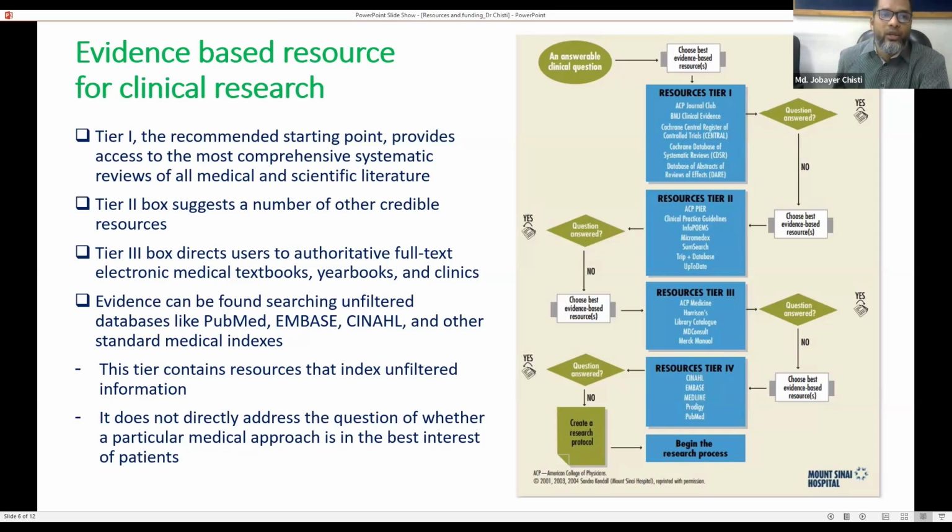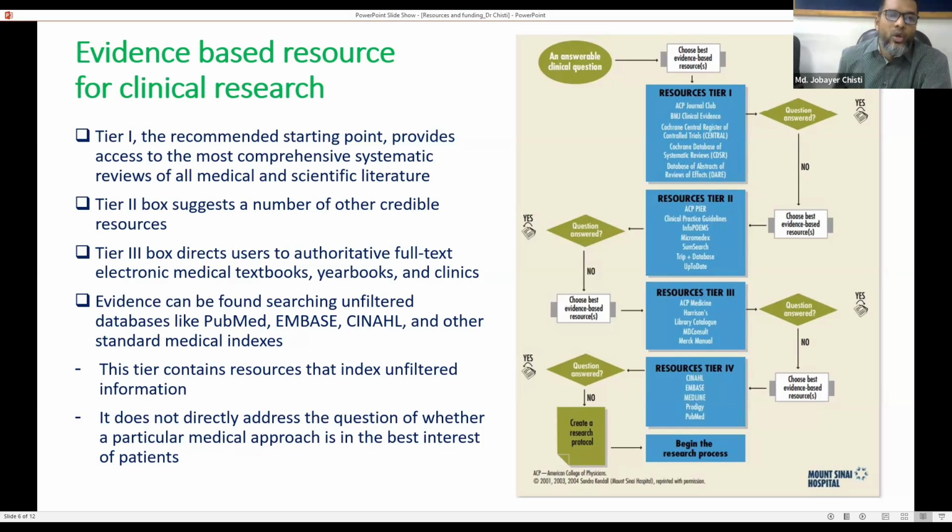However, if we don't find the answer by evaluating all of those, we can go to the tier 2 box, where you can find other more credible resources, which include different guidelines and also micro index materials. However, practically we see that we don't find all the answers if it is a gray area, especially for settings of public health importance.